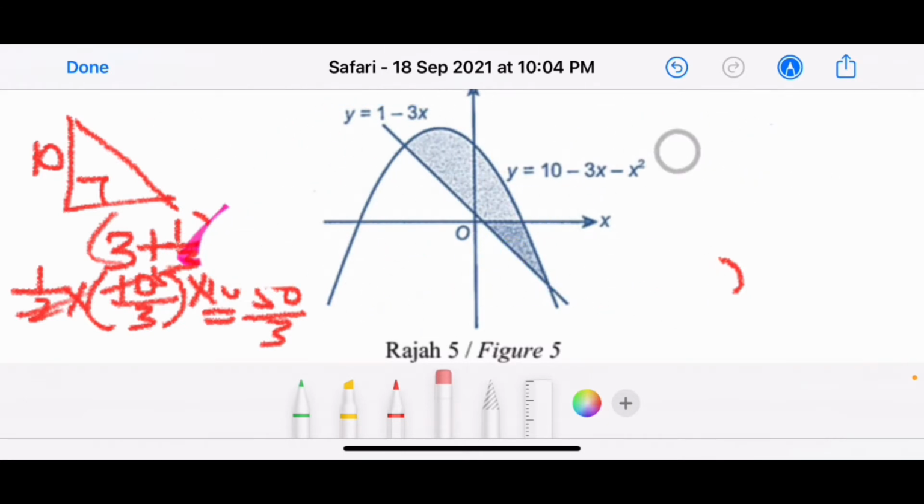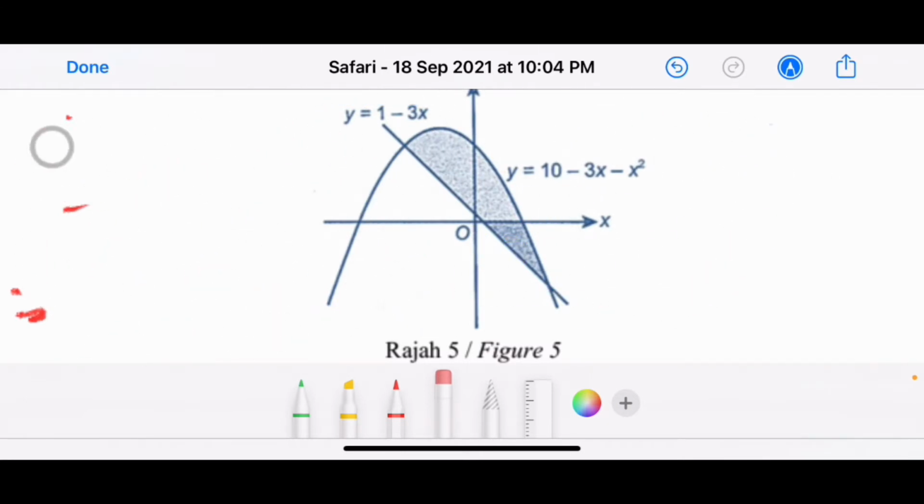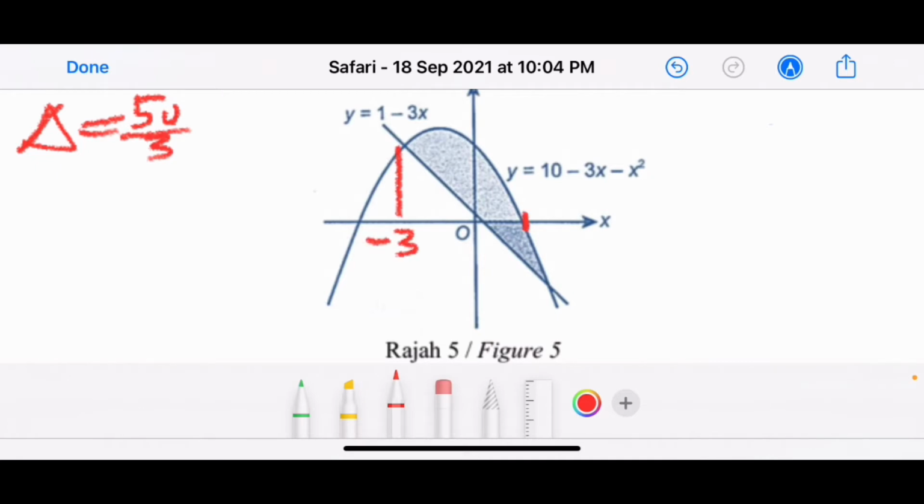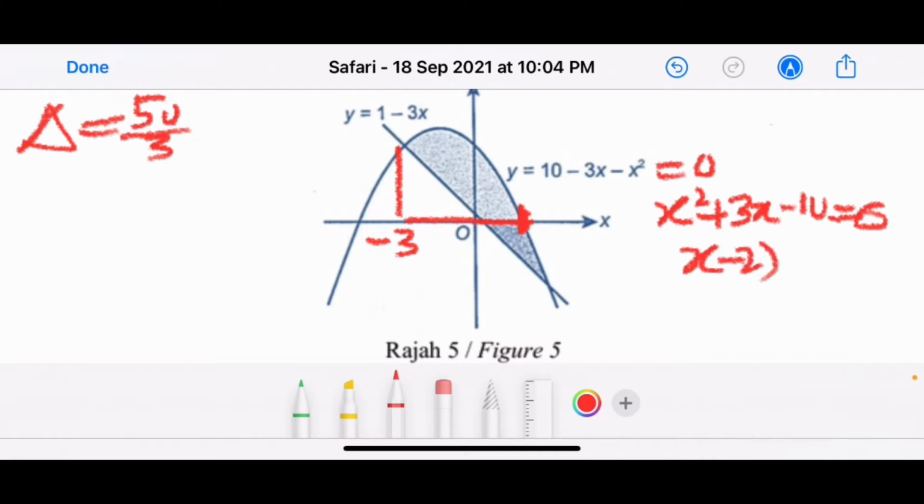Let me show you how to find the area. We have the area for the triangle already, right? Triangle, we have 50/3. Now I'm going to show you how to find this area. Here is how to find this point. The curve cuts the x-axis, so we have to find the intercepts for the curve.